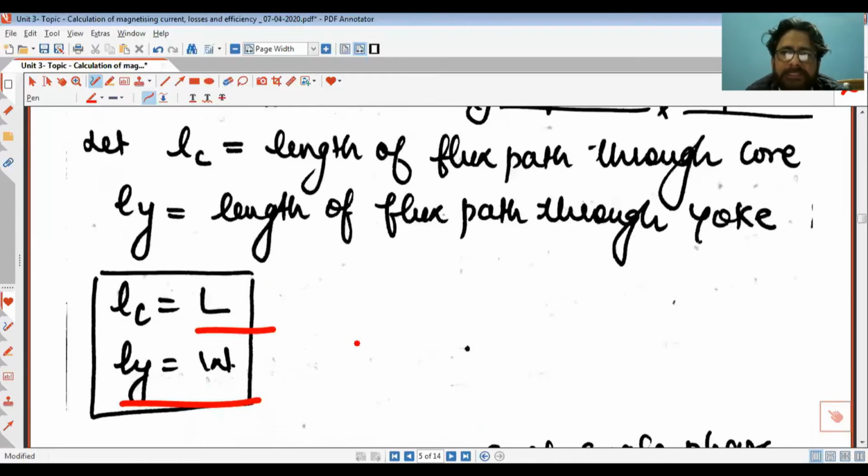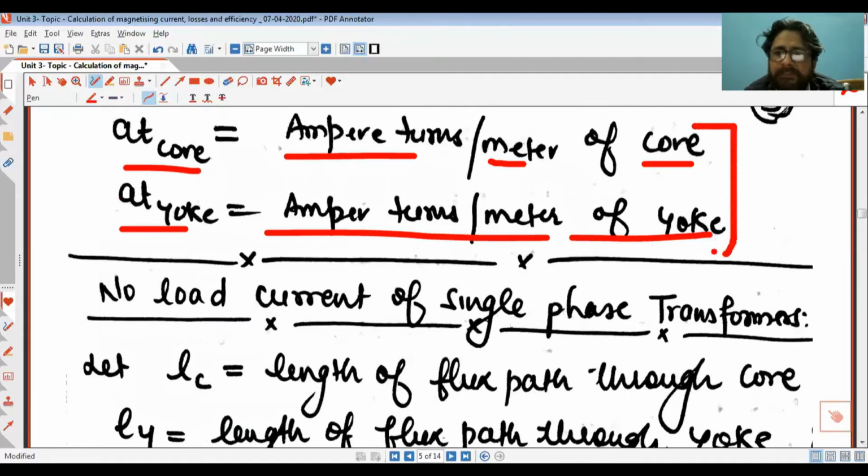So basically these two parameters are associated with the flux density. So this AT core is basically the ampere turns per meter for the flux density of the core, and similarly this is for the yoke. Yoke does not have any ampere turn directly, so indirectly we can find it out by using the flux density.